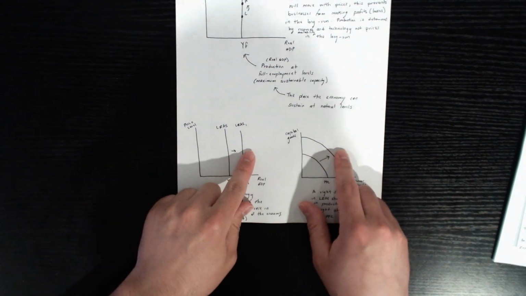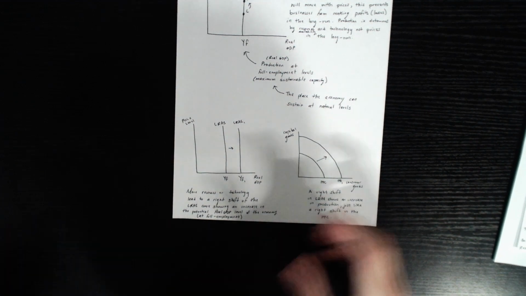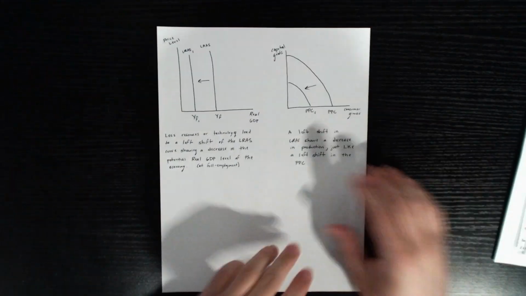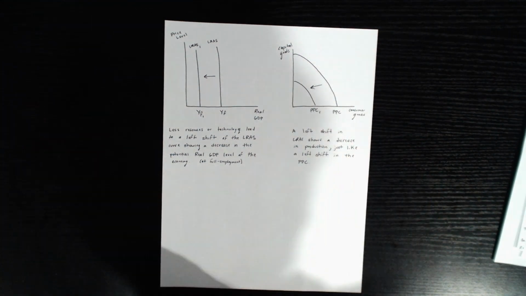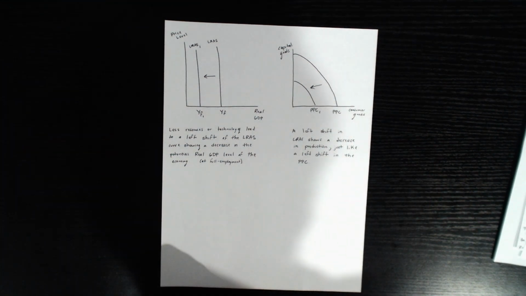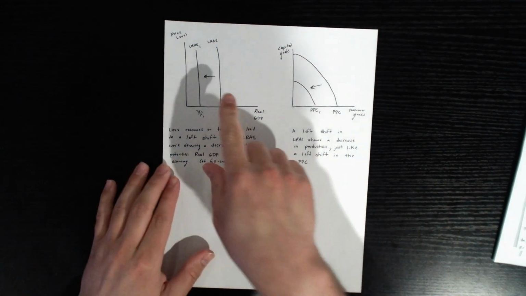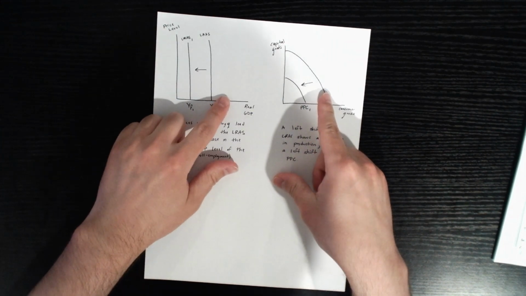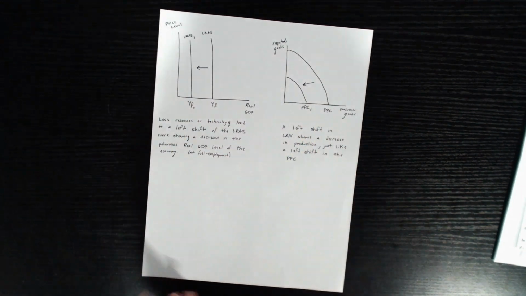They're both shifting to the right to show that we are producing more at our efficient levels. And if we were to produce less at our efficient levels because resources were completely wiped out, or something like that, then both the long run aggregate supply curve and the production possibilities curve would shift to the left.